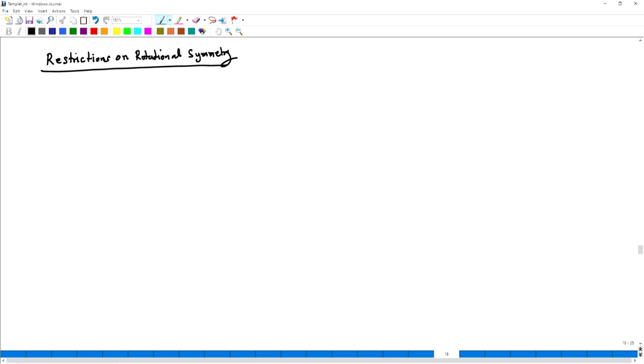These restrictions come due to the presence of translation symmetry. Let's take one specific example first and then we will generalize the situation.